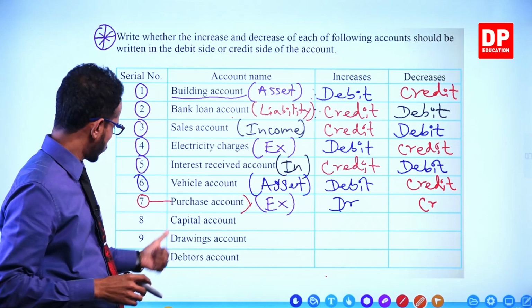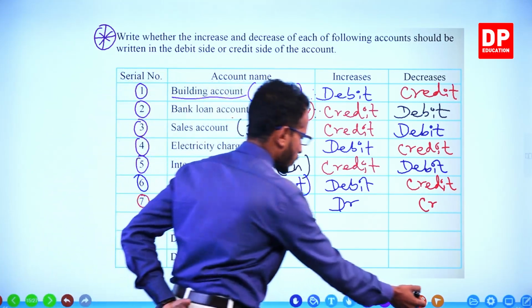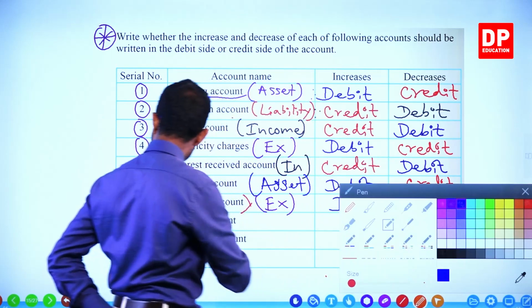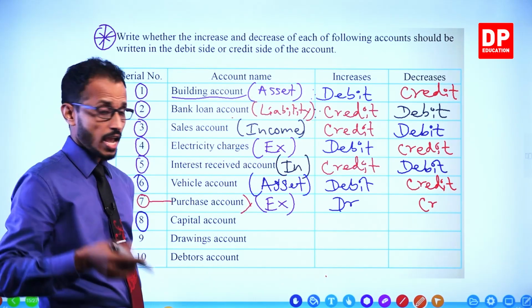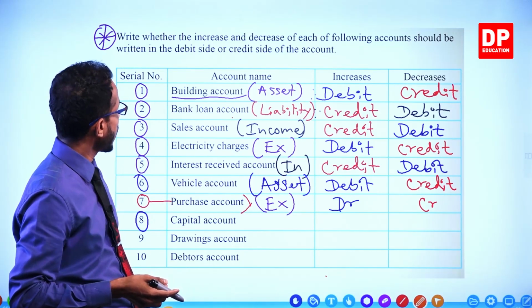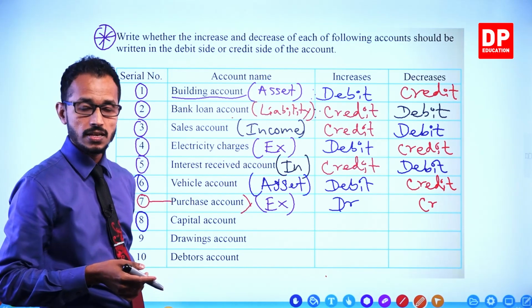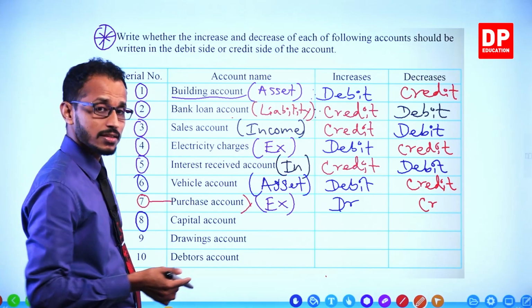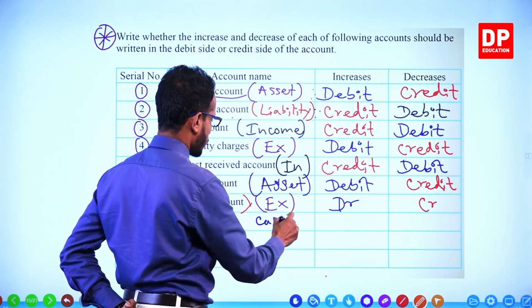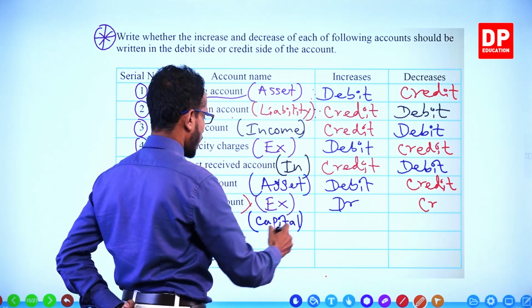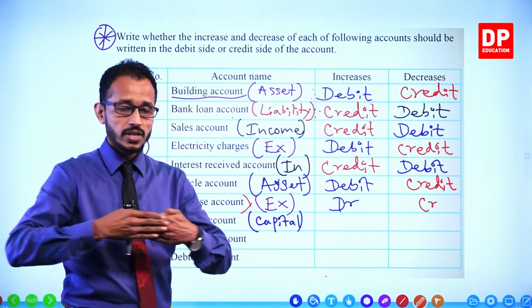Last one? No, we have some more. Capital account. Oh, capital. First time we are having a capital account in this exercise, yeah? Capital account is obviously capital, and capital is together with liabilities.